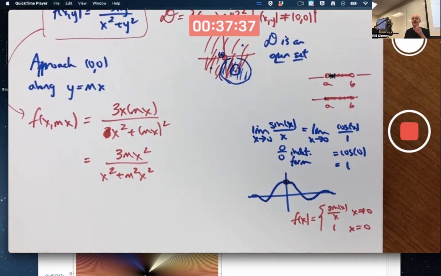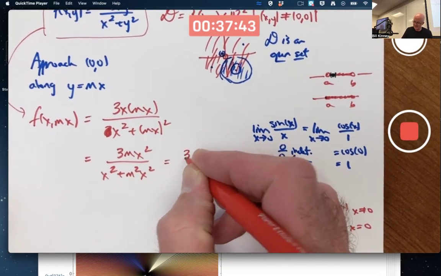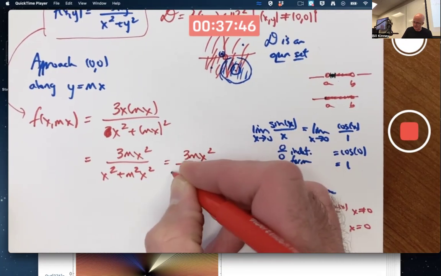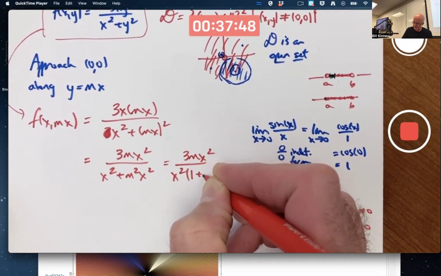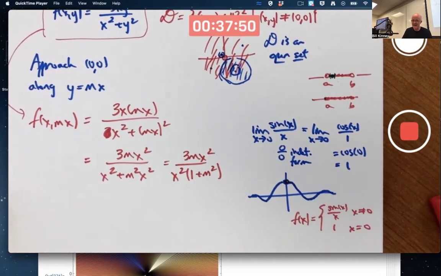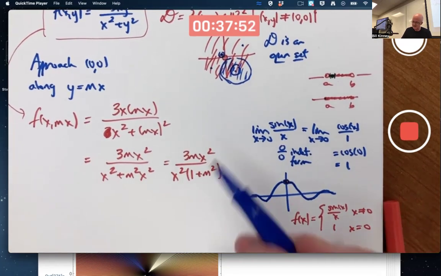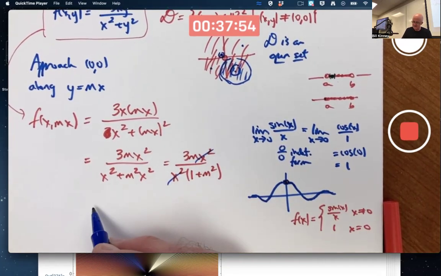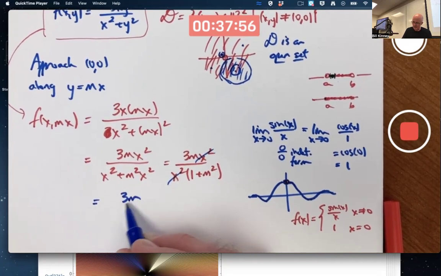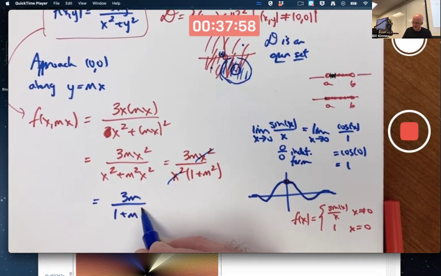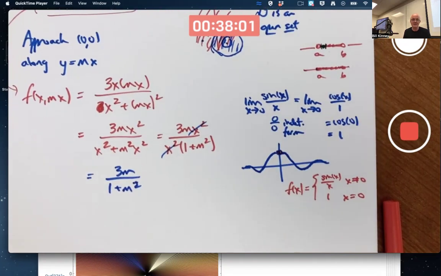Yes, I can, as long as x is not 0. I can factor an x squared out of the bottom, and then I can cancel the x squareds, divide them out, to get 3m over 1 plus m squared. Something that depends on m. Seems like the answer depends on m. It seems like the overall limit must not exist.